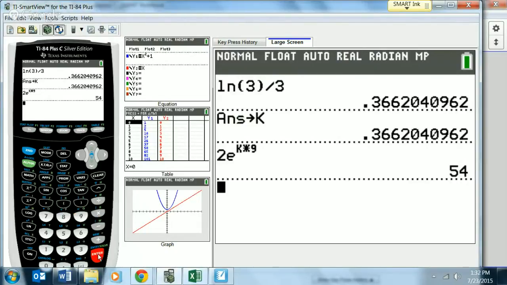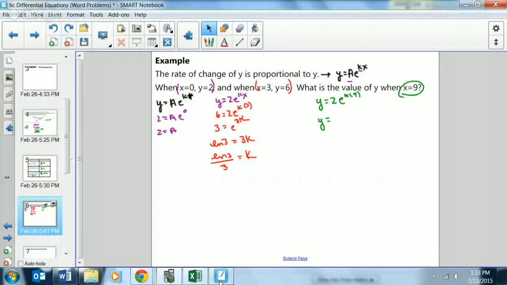And I'm getting a nice round 54 here. And if you think about your laws of logs, you'll probably see why that was the case. If you typed in that decimal, you may have gotten like 53.99999. Remember, we need accurate to 3 decimal places, so you'll be fine there. Okay, and our answer is 54.